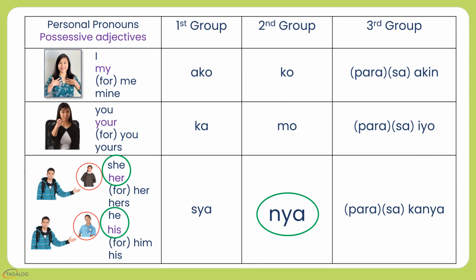Here's a table for you with the pronoun niya. It can translate as she or he, or as possessive adjectives, her or his. Since niya belongs to the second group of pronouns, you can use it in sentence patterns where we use ko or mo. Now, let's look at some examples.